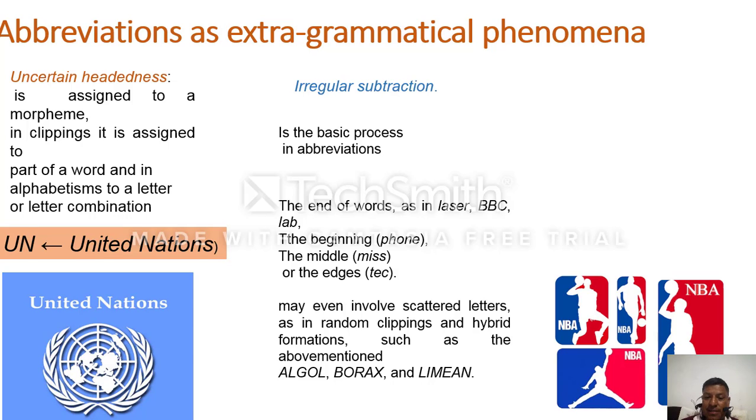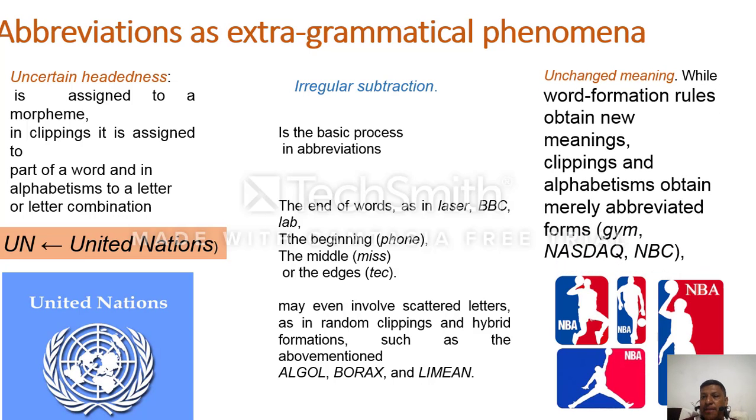Formations such as the above mentioned Gulf, Borax, and Limean in VA. In Chinese meaning, while word formation rights obtain new meanings. The clades and alphabetical time area abbreviated forms G in Nasdaq in the C and BA.